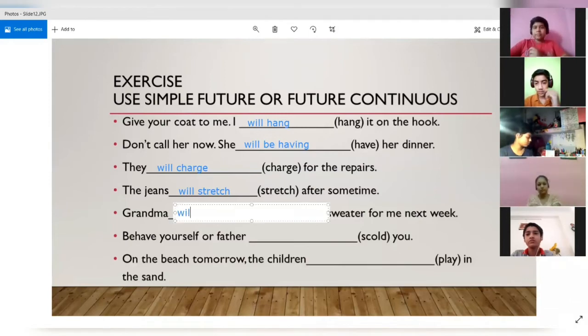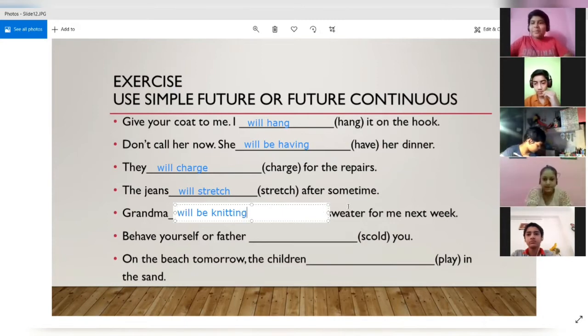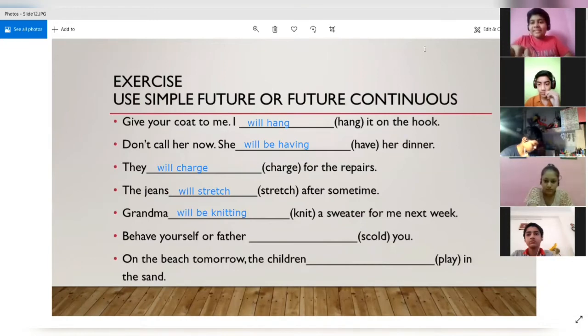Please tell me the reason. Mridul? Okay, so now you are muted again. Yes, Mridul. I am asking you the reason. The reason is that we are sure that grandma will be knitting a sweater for me next week.